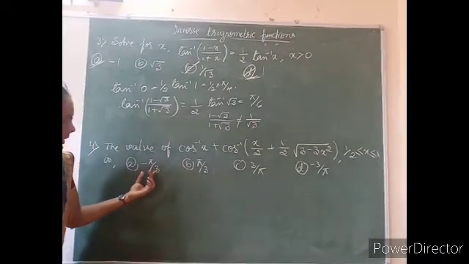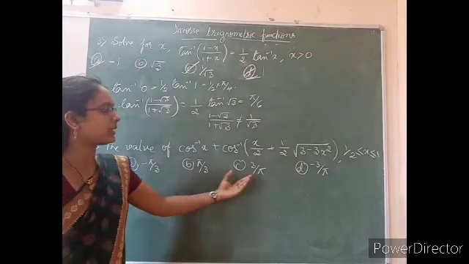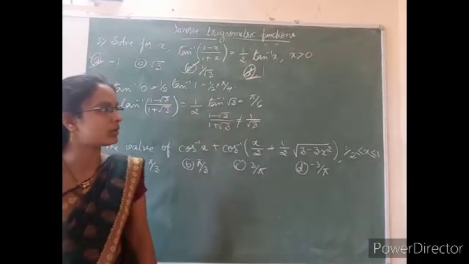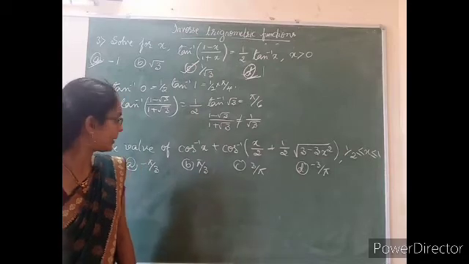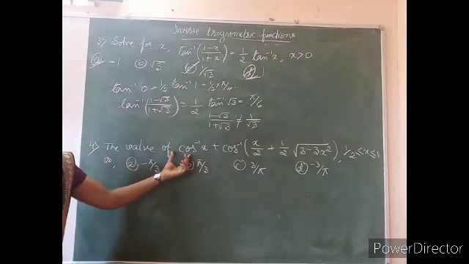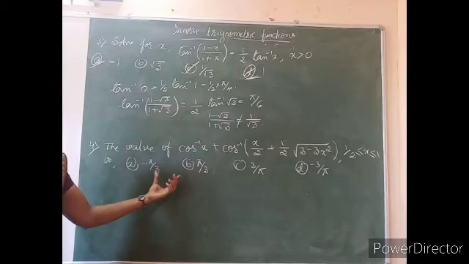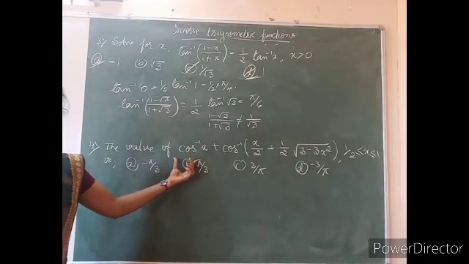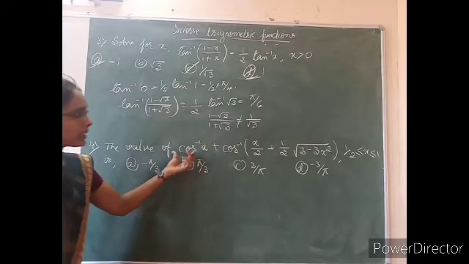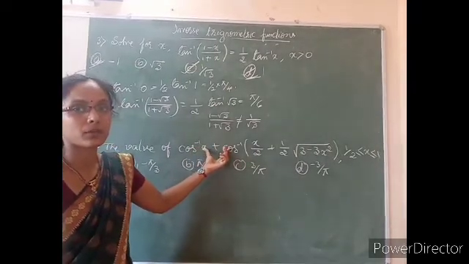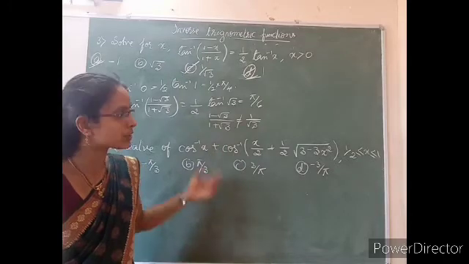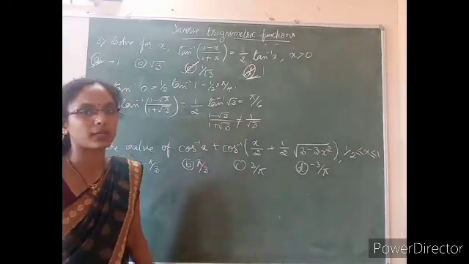The answers may be minus pi by 3, plus pi by 3, 3 by pi, or the last option is minus 3 divided by pi here. So the value of this one, again by inspection we can find. Otherwise, if you want to use the concept or properties, that's very lengthy. So by inspection we easily find the value.